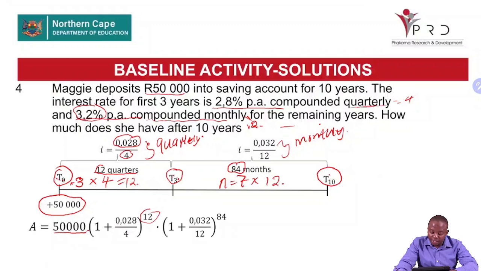What was the new interest rate? It was open bracket 1 plus 0,032 over 12, which is our i, all raised to the power 84, which is our n in that case. Then we get our future value as 67,994.87.